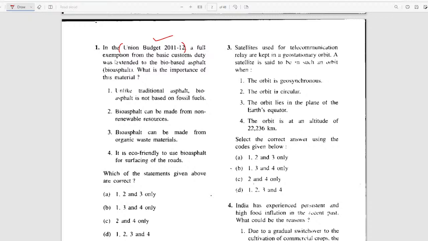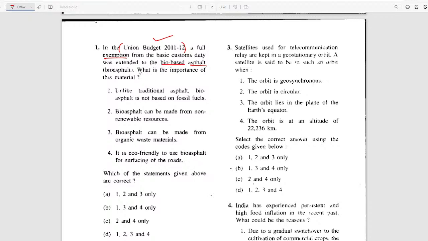Customs duty exemption was given to bio-based asphalt in 2011-12. Bio-based asphalt is a material used to prepare roads. So if you come across anything which is bio-based, look out for that.